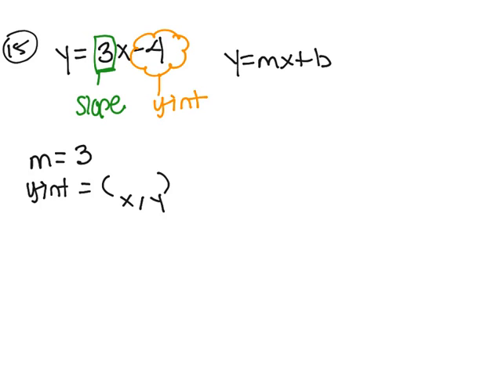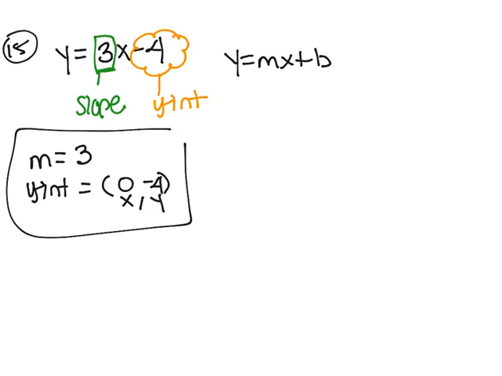Y-intercept means negative 4 got to be in what spot? Right. The y spot, which would be here. Does that make sense? Who's in the front? 0. Very good. Okay, so make sure you know that the ordered pair is 0, negative 4 for a y-intercept. Y'all see that?